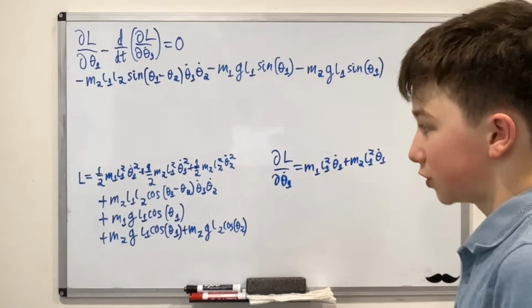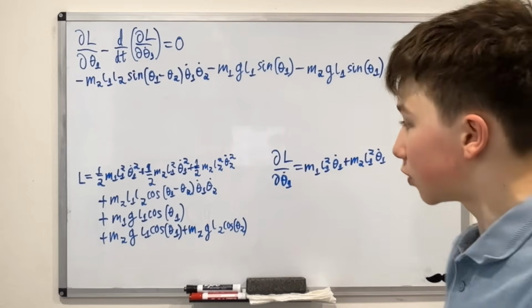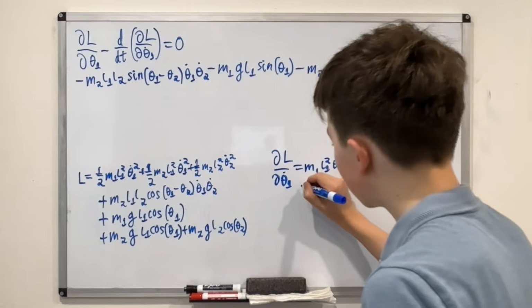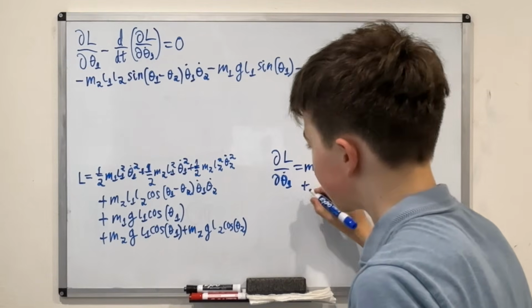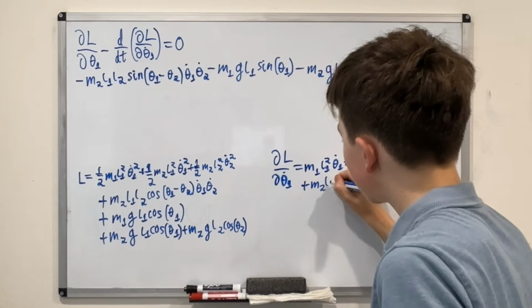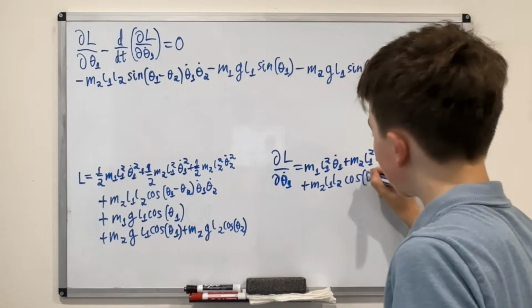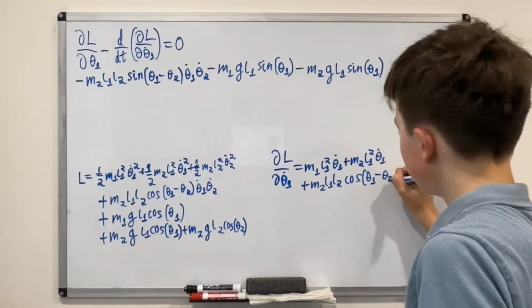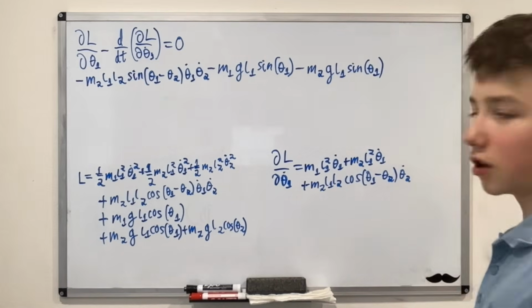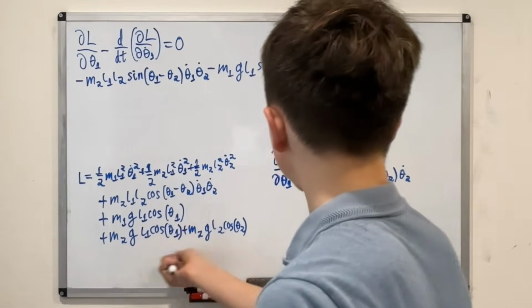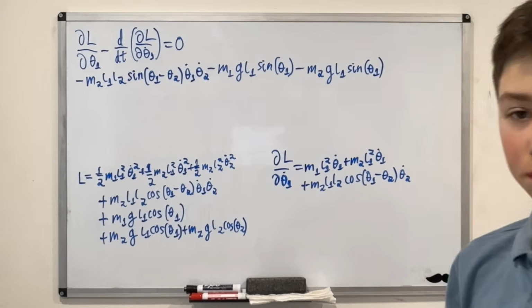And then we can drop this term because it makes no reference to theta 1 dot. Then this term differentiating with respect to theta 1 dot, we're just going to have everything else. So we're going to have m2 L1 L2 cosine of theta 1 minus theta 2 times theta 2 dot. And then this term makes no reference to theta 1 dot, and these terms make no reference to it either.